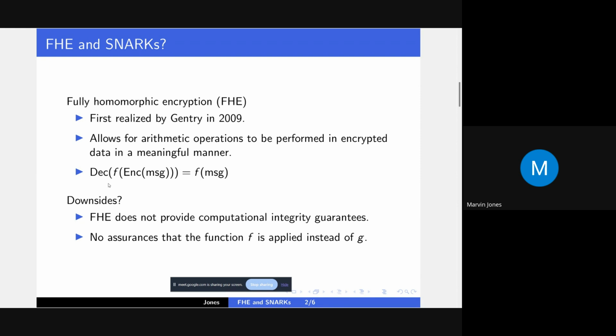Well, you always have an error term, and that error term usually gets a lot worse with multiplication. So you have to do a very costly operation called bootstrapping that kind of reorients that error term down. Okay, so all right, that's what fully homomorphic encryption is.